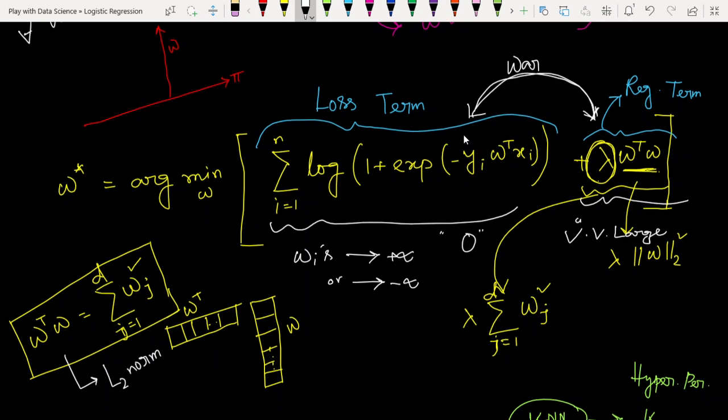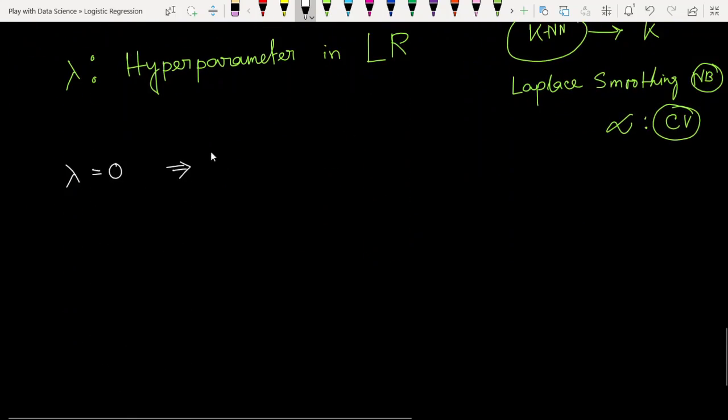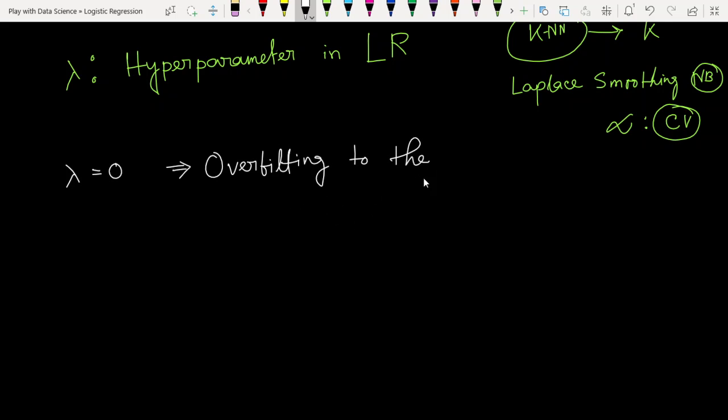If the regularization term is 0, then we face the problem of overfitting. On the training data, our model works perfectly if our loss term is 0. Overfitting to the training data set.